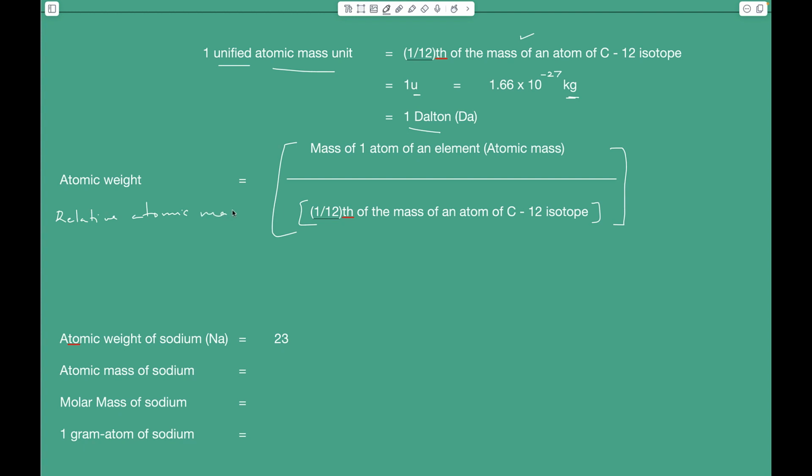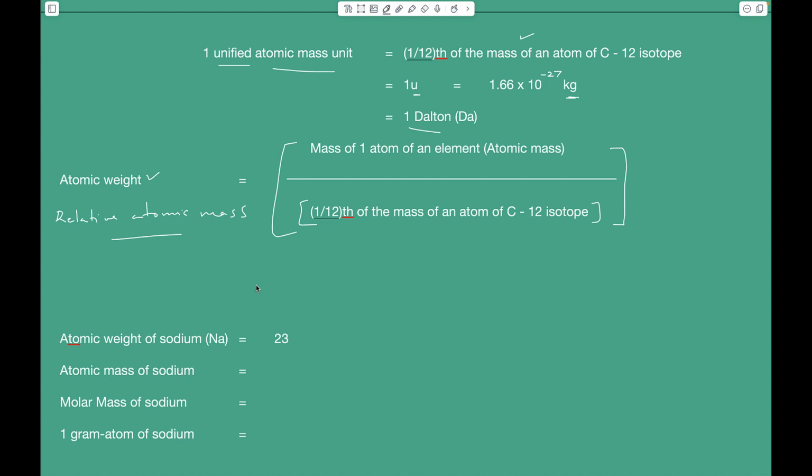So remember, atomic weight and relative atomic mass are one and the same. Atomic weight was the original name given to this ratio by John Dalton, whereas relative atomic mass is the new name for the same ratio. So these two are one and the same.